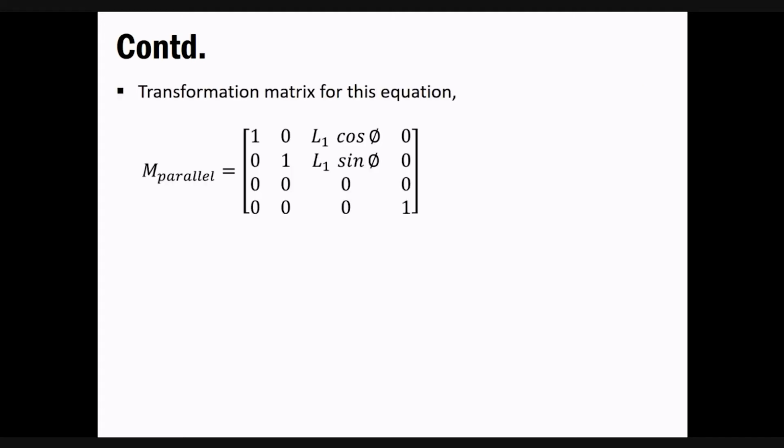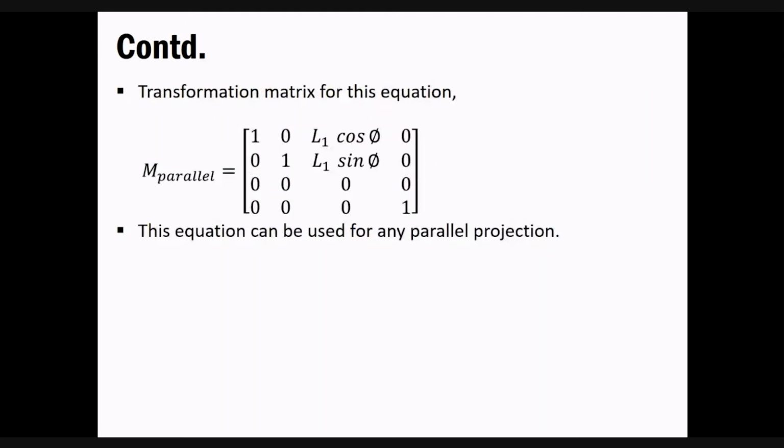Based on that, the transformation matrix for these equations can be written in the same form. For the oblique parallel projection, we have this particular thing: L1 cos phi, L1 sine phi, and the remaining entries are our homogeneous coordinate and the remaining terms that come out of that equation, over here.